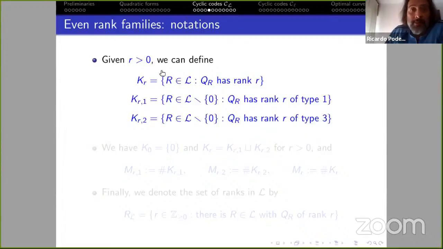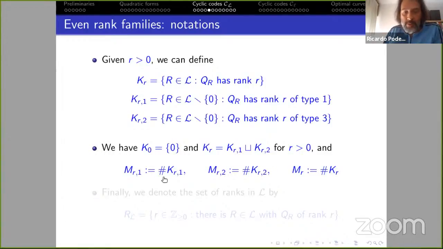Given a positive R, we can define the sets: the set of polynomials of rank R, and we distinguish between the quadratic forms having rank R but of type 1 or of type minus 1.